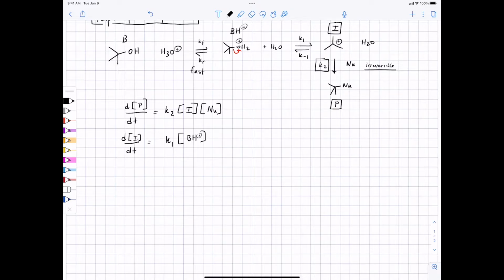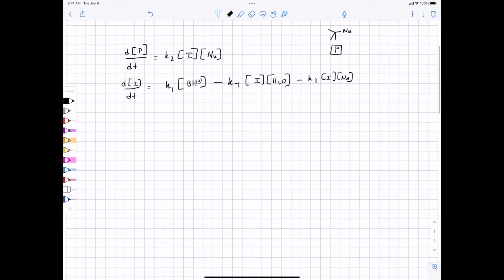Then we can have I disappear with k minus 1 times the concentration of intermediate I times the concentration of water. That's the backward step. Or we can have things disappear, k2 times I times nucleophile concentration.